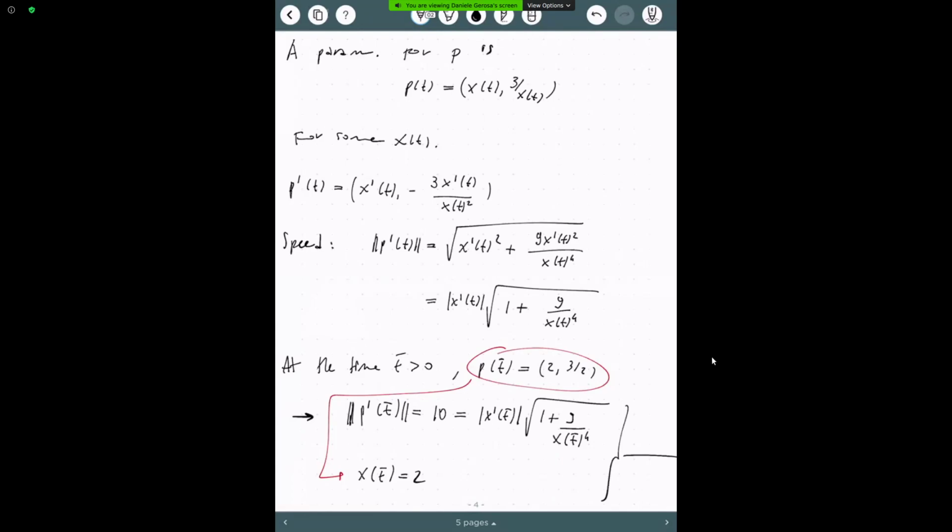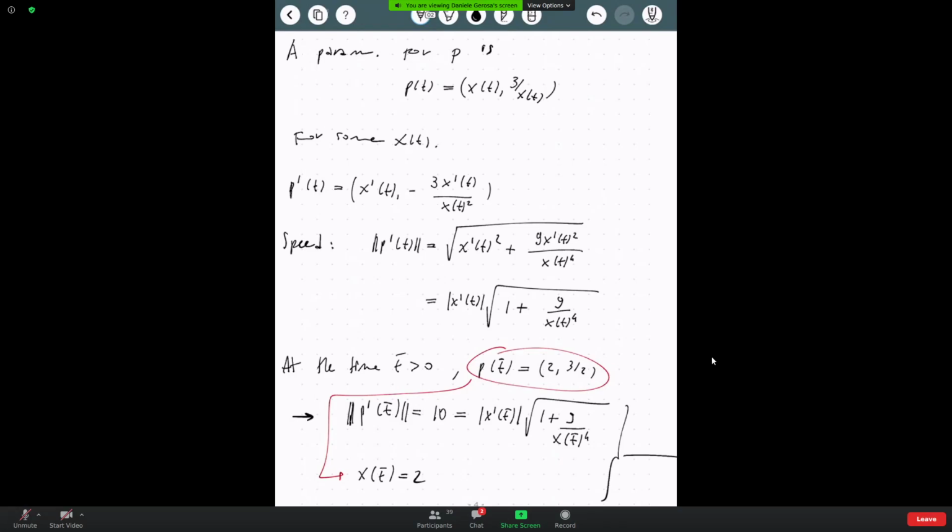in which we are asked to parameterize curves in the space. And that's what I'm going to do now. Okay, I'll go ahead.